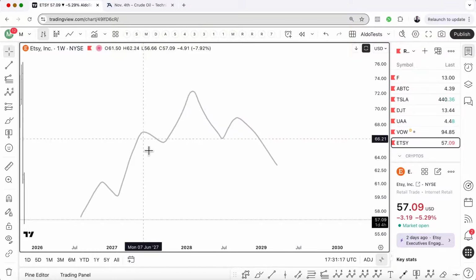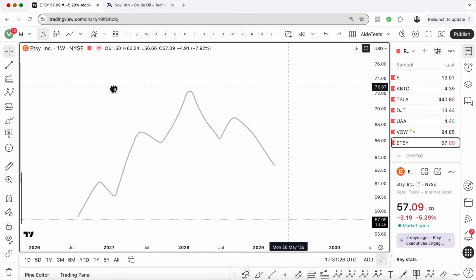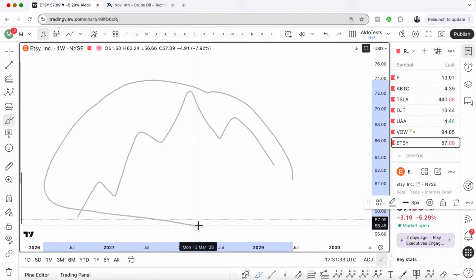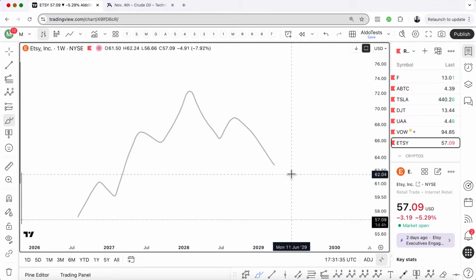Why? How? Well, for something that I have been telling you over and over again, which is that what establishes the trend is the cycle, the entire thing, right? This entire move here is what defines the trend for us.